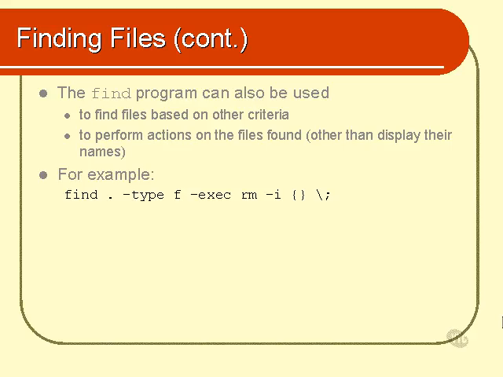Well, the backslash semicolon is required to be put after each command that you use with -exec, and the open and close curly bracket symbols are used to denote the files that actually get found substituted into the rm -i command line.